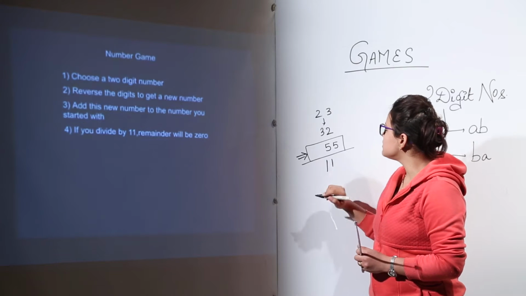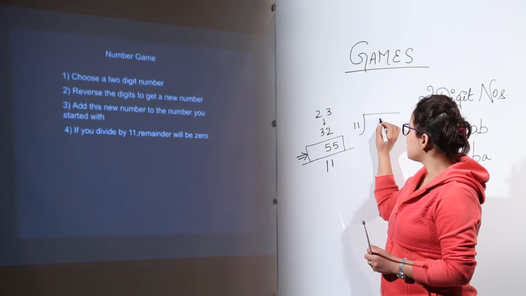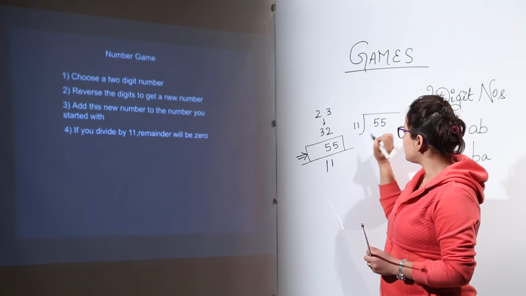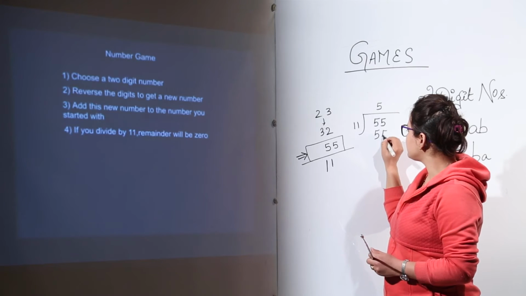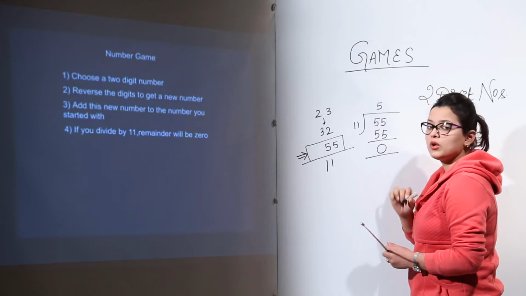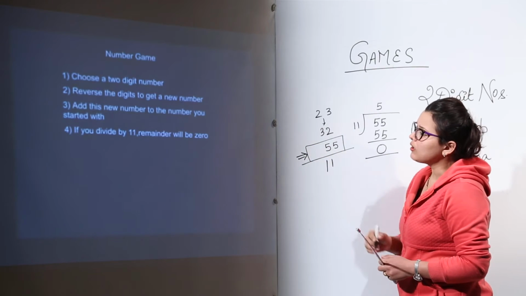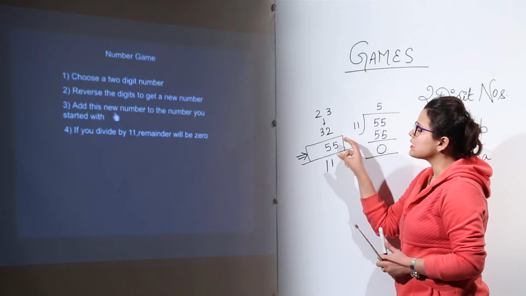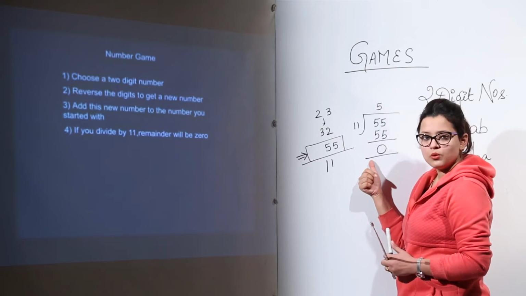If you divide this, you are going to get the quotient as some value, right? Here it would be 5 and 5 5s as 55, remainder comes out to be 0. Now here you notice one thing, I have written it down. If you divide the sum with 11, you will always get a remainder 0.